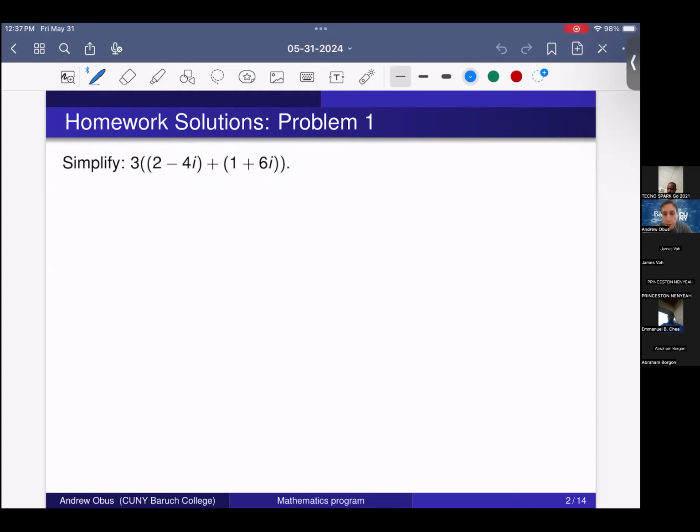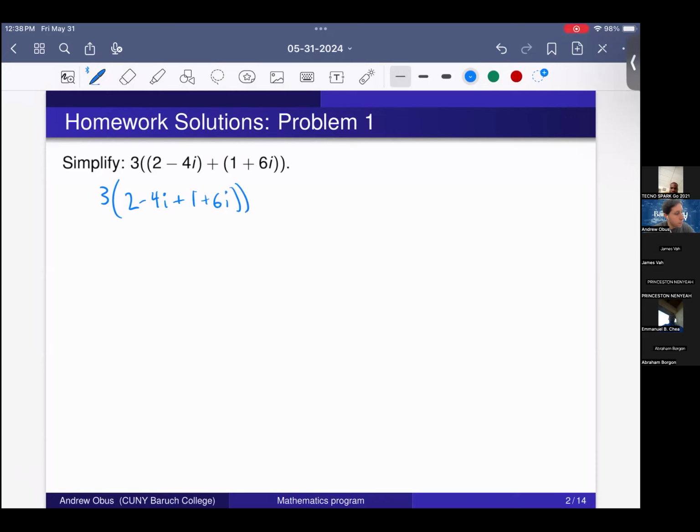Abraham? So first we say 3, bracket open, and the inner bracket we deal with: 2 minus 4i. And we don't bring down the other set, that is plus 1 plus 6i.